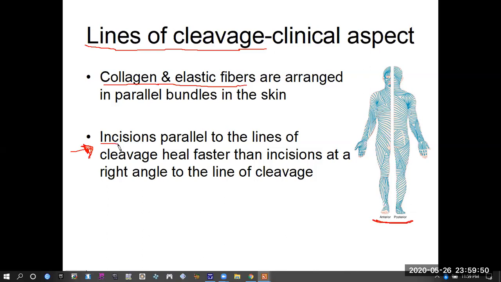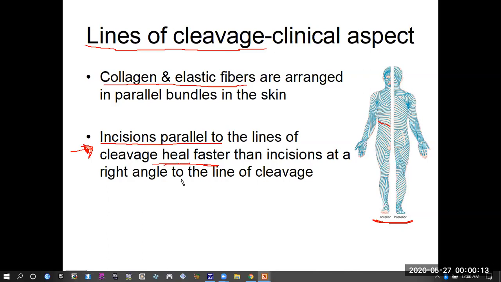If there's an incision that's running parallel to the lines of cleavage, so if a surgeon needs to go in for some procedure, if they're able to run parallel to these lines of cleavage, the outcome is this incision in the skin, and once it's sutured and heals, it'll heal at a faster rate.